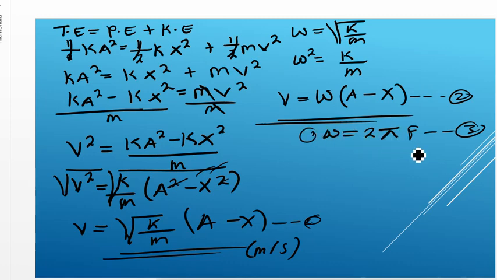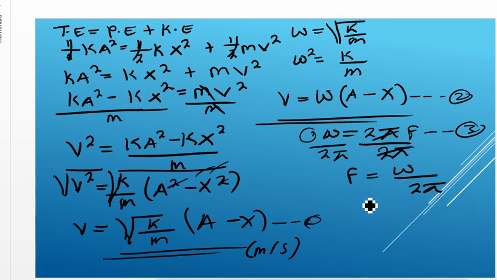Now if you want to make the frequency the subject, then you can cancel out with 2 pi everywhere, this and that will cancel, and the frequency is going to be omega over 2 pi. Now remember that omega, by now we know it is simply square root of k over m, over 2 pi.